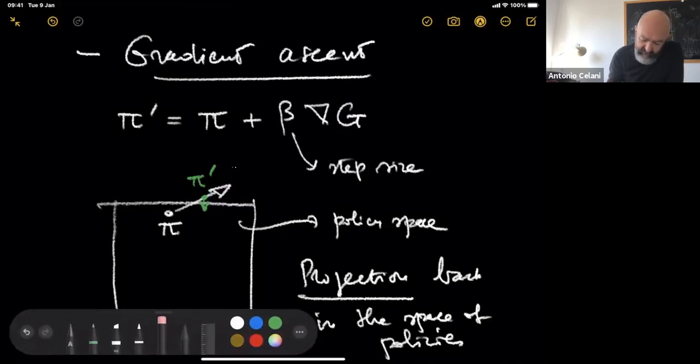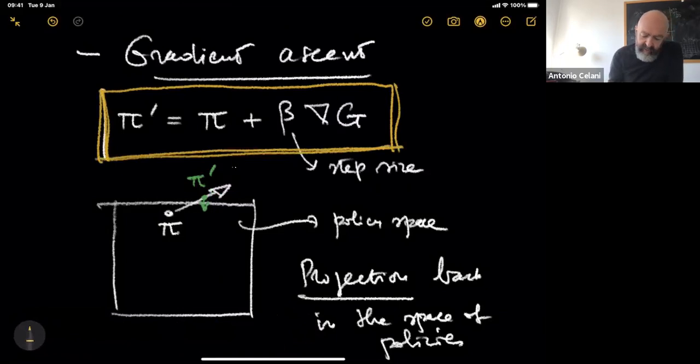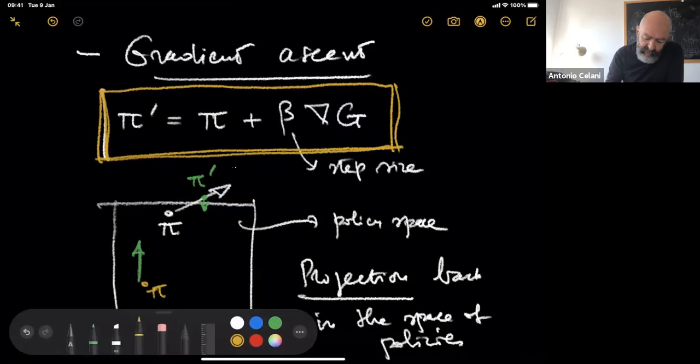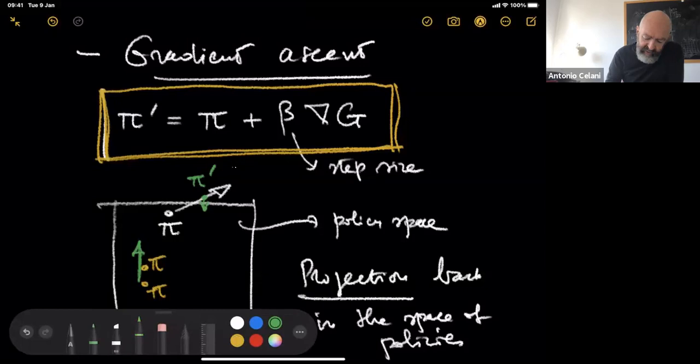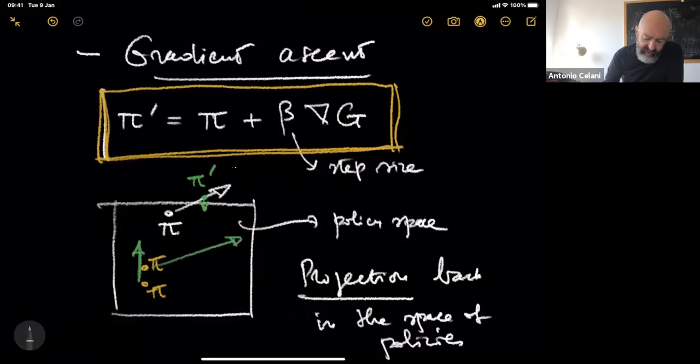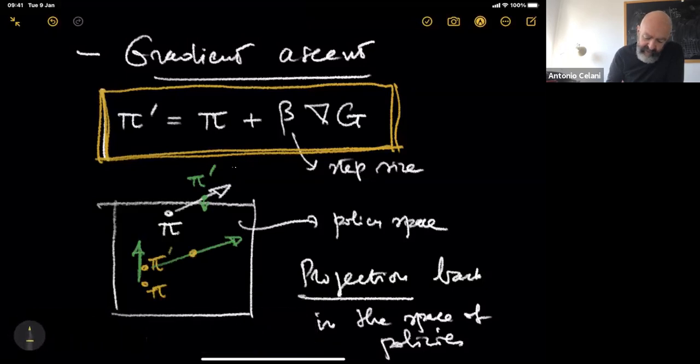So what this algorithm is doing is that if it starts from a policy, then there is some gradient which is pointing like this from here, and then it makes a step to a new policy pi prime, and then in this new point there is a gradient which is, for instance, much longer, much larger in magnitude, and then this new point will be pi second.